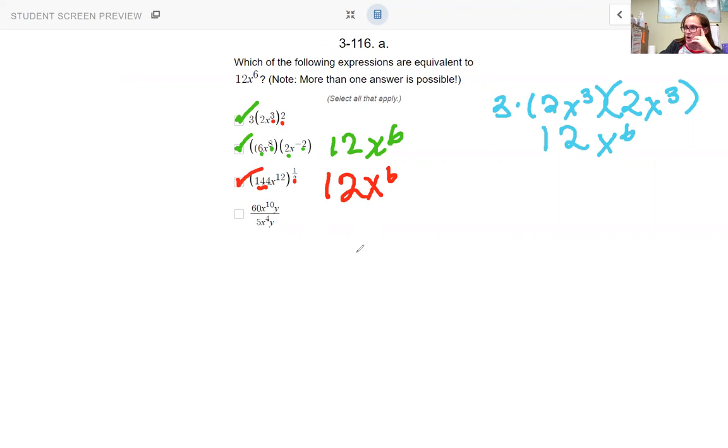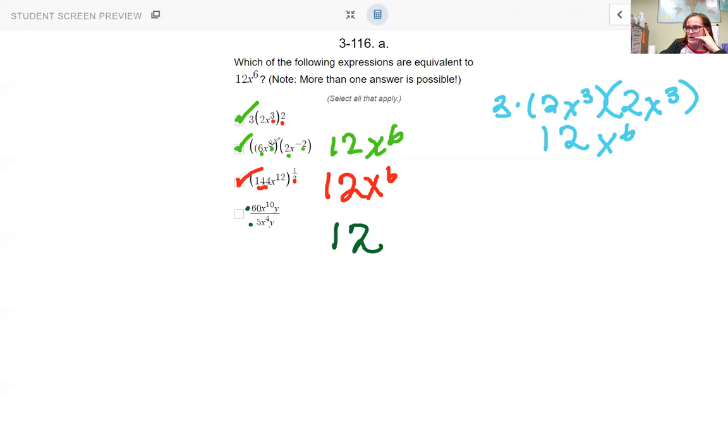Okay, let's try this bottom one. To start off with, we have a 60 and a 5. What is 60 divided by 5? Well, 60 divided by 5 is 12. Then when we are dividing things, we subtract the powers.